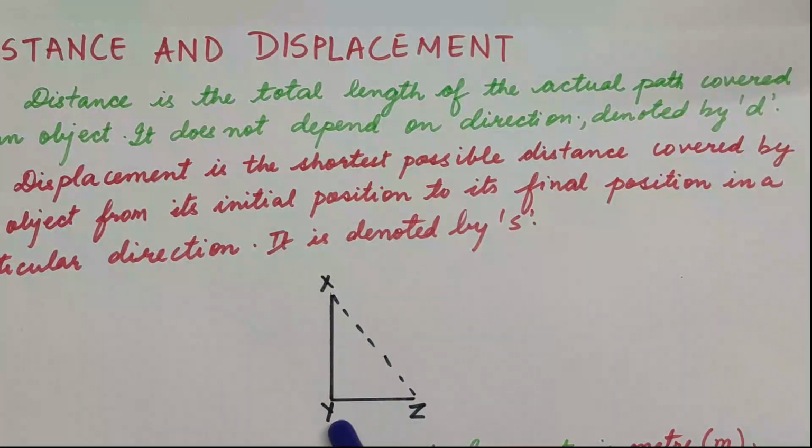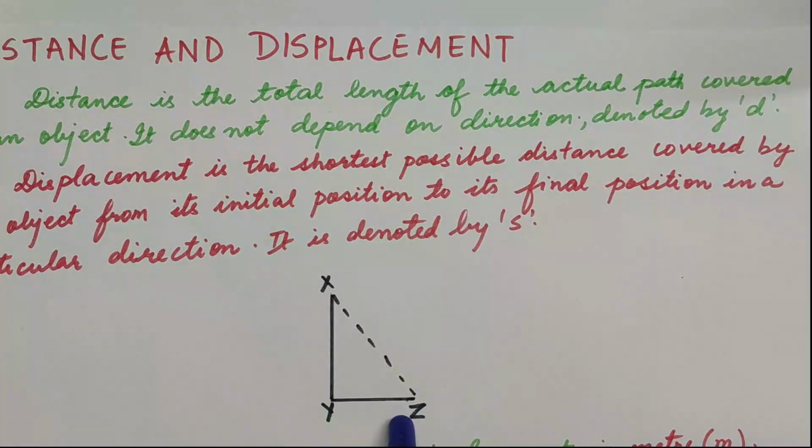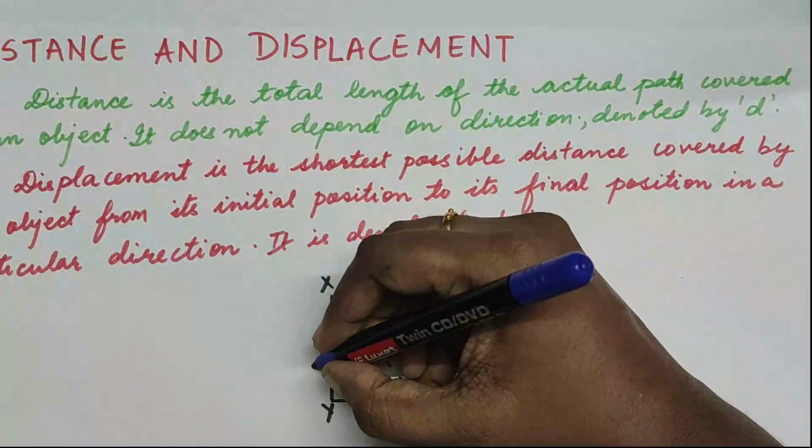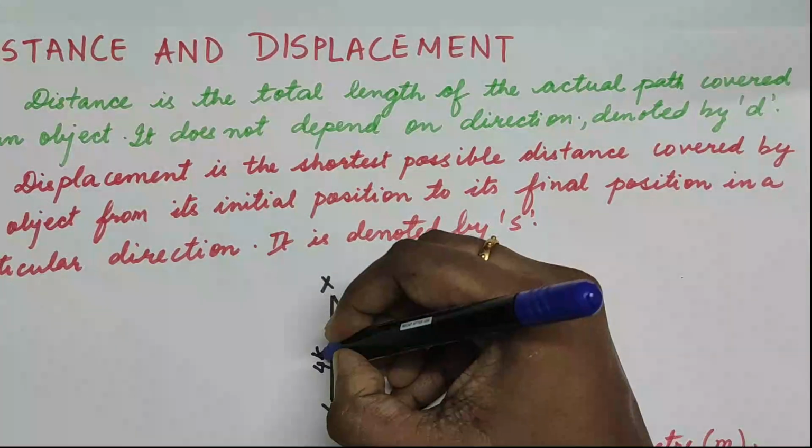It is denoted by the letter D. If you see this figure, X, Y and Z. Suppose I am at position X and I want to go to position Z, and suppose this distance is 4 and this distance is 3, let it be in kilometers.